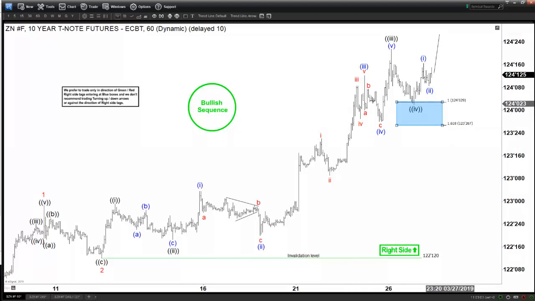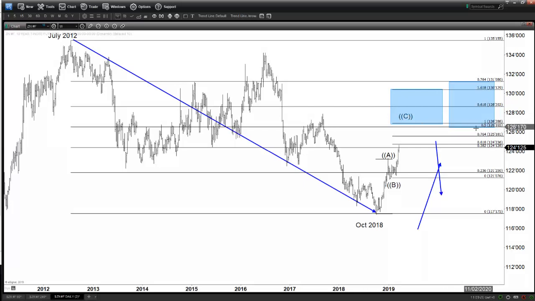It is not a sell. You can see on the right side is up with the green bullish sequence stamp. That means the right side is higher, so we do not like selling it, and we favor the upside in the 10-year notes in any dips until it reaches at least this area, between 126 and around 131.